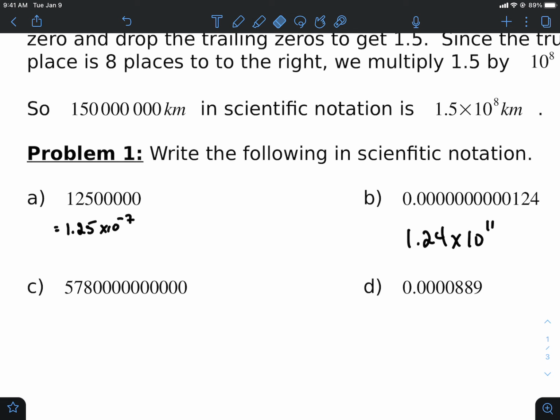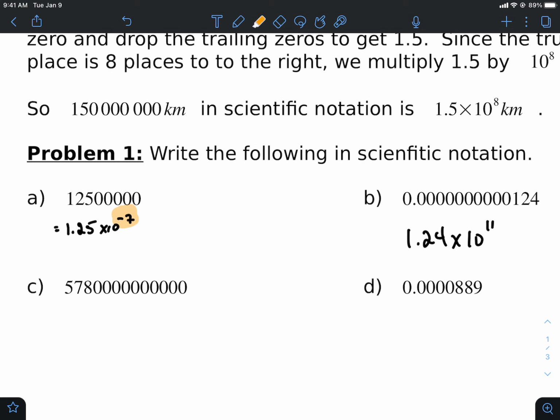A is bigger than B. So, if I were to try and reproduce the number in A using the exponent that I have there, what's going to happen? Is A going to be a big number? It's going to be really small, because the way I've written it, I'm going to move to the left. That's not going to give me the original number back. It's going to give me the exact opposite. Does everybody see what I'm saying?